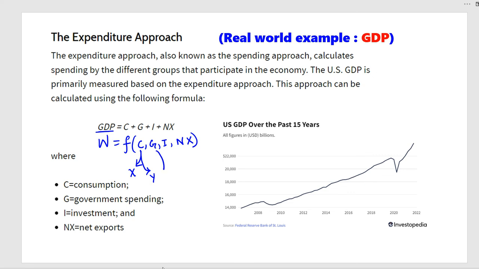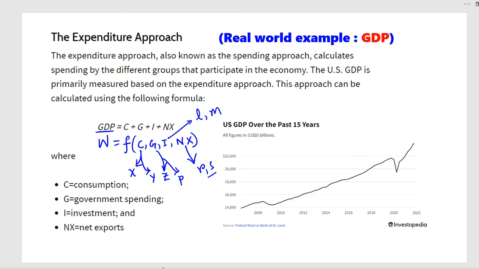It can also be a function of z, some p. Here it can be some function of l and m, and this NX can also be a function of, for example, r and s. It is actually a rough idea.